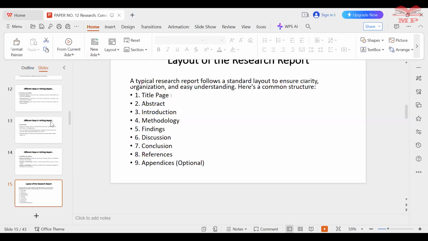So dear learner, we are going to have a look at these areas or common structure of a report briefly, so that we can see what could be contained in these particular sections of a research report.